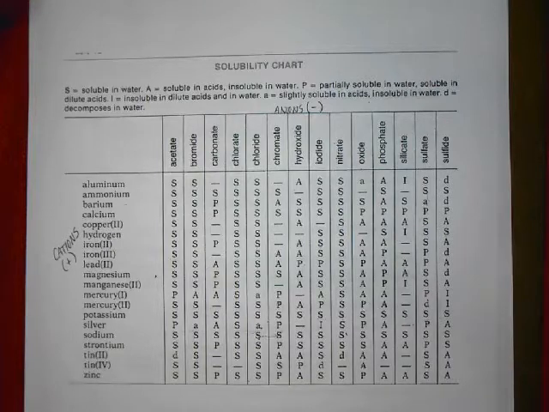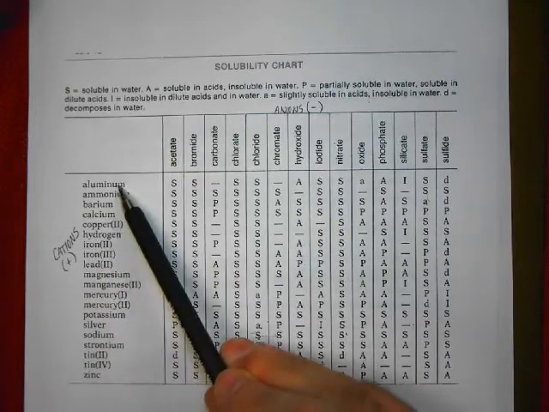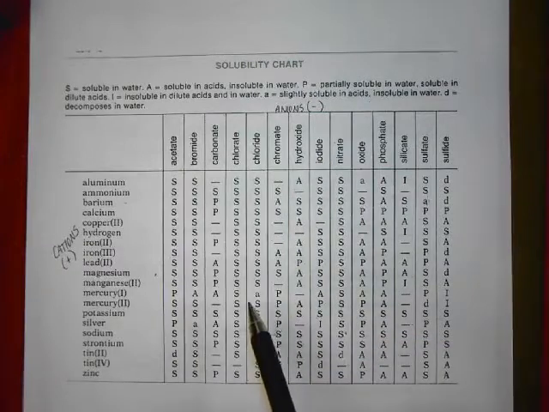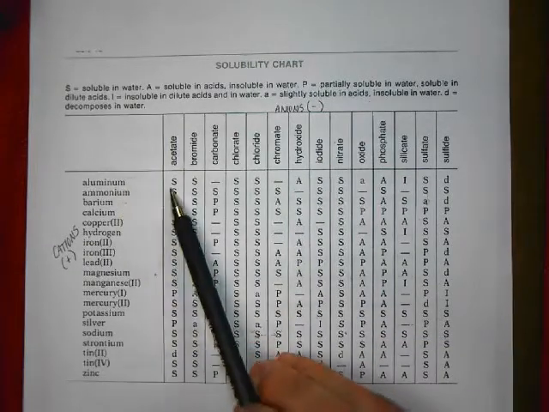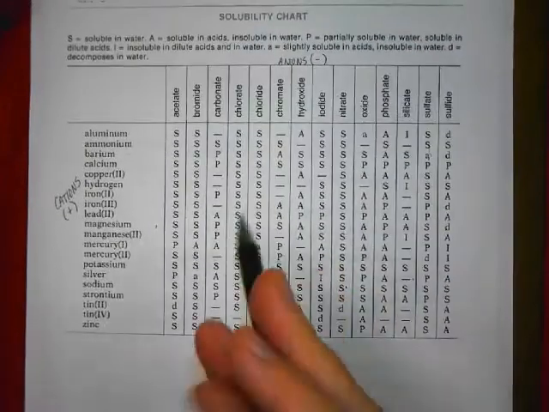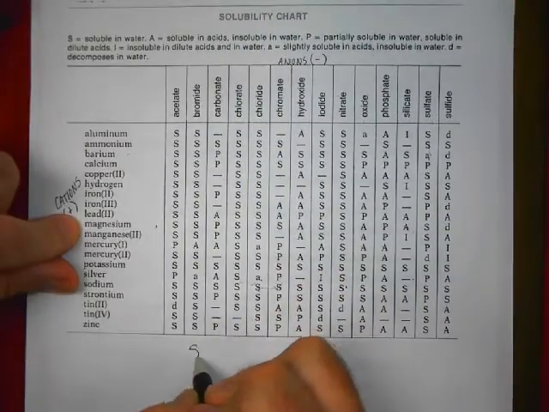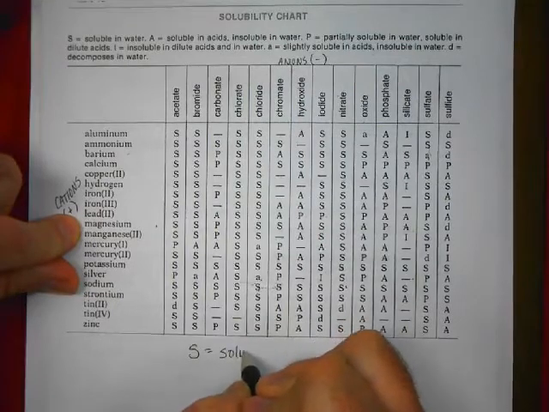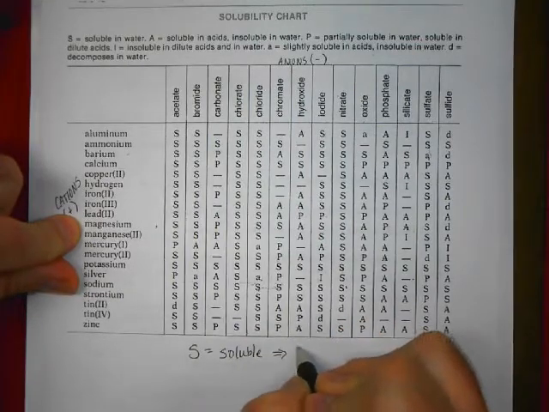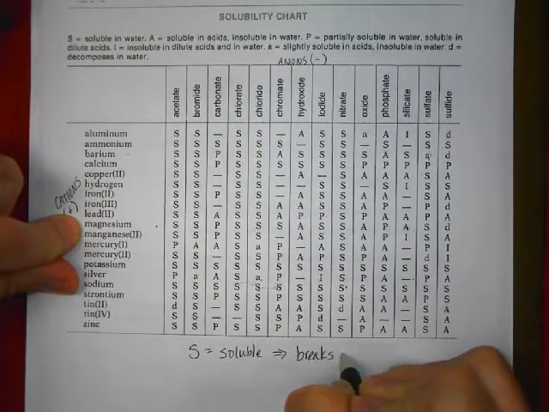So with this, we look at our cation and anion pair. So if we have aluminum acetate, we see an S in the box. S stands for soluble. And let's write that down here at the bottom. Soluble. And that means that it breaks into ions.